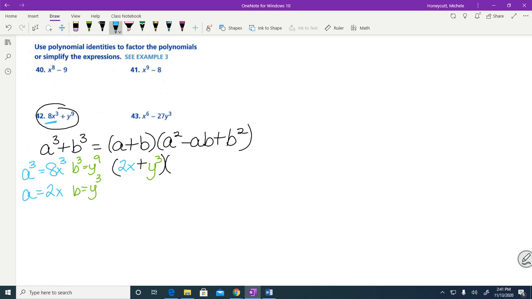So I'm going to square this. 2 squared is 4, and x squared is x squared, so 4x squared, minus the a, which is 2x, times the b, which is y cubed, plus b squared. So I need to square this. So y cubed times y cubed. Add those exponents, y to the 6th. So plus y to the 6th.